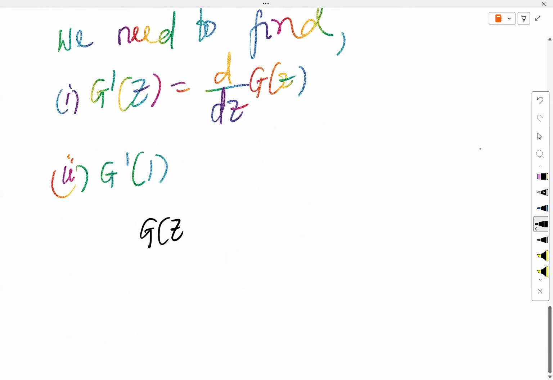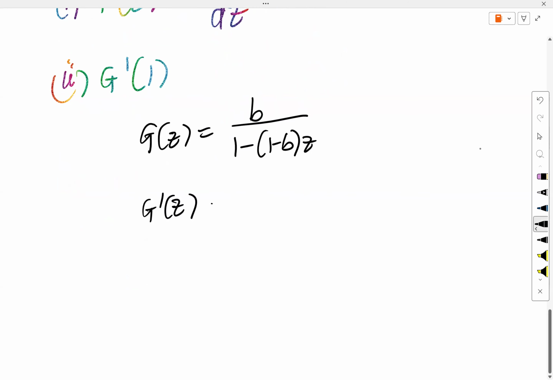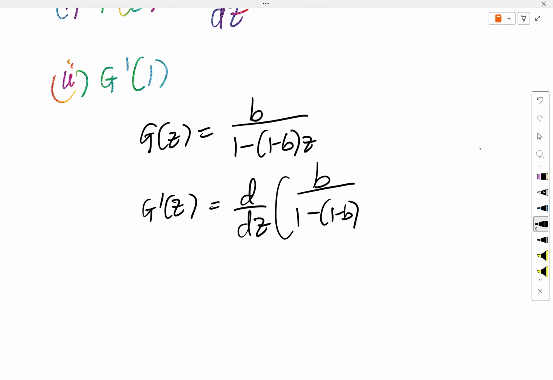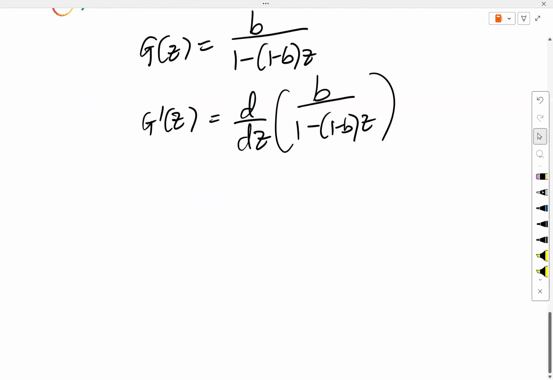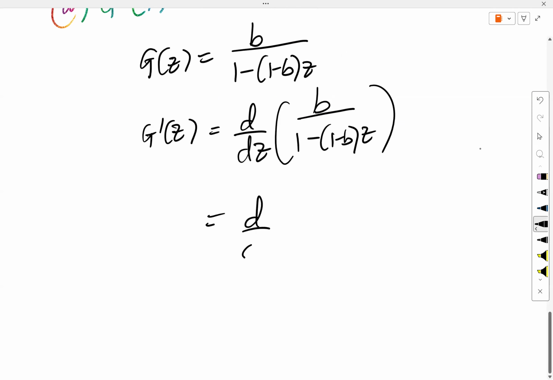And we need to find g prime of z, right? So g prime of z is d dz of b over 1 minus b z, like that, and that is equal to, well, to make things easier, I like to do this.